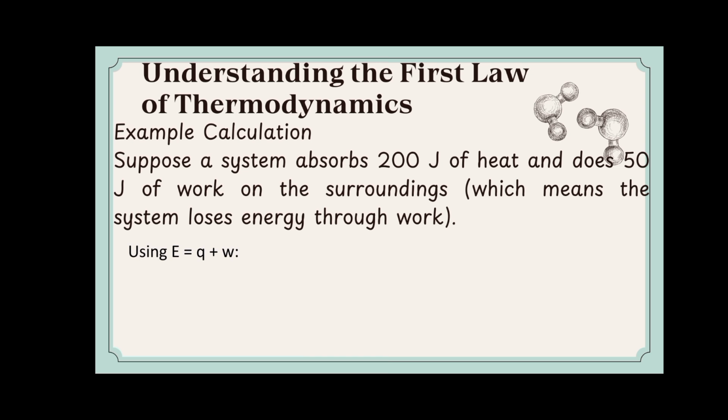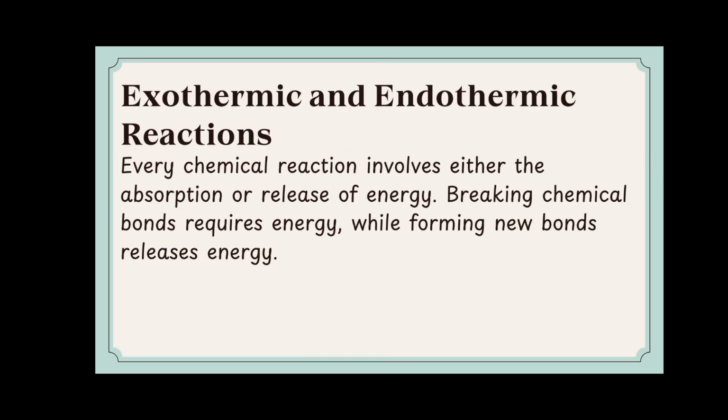Suppose the system absorbs 200 joules of heat and does 50 joules of work on the surroundings, which means the system loses energy through work. Using the formula, energy equals heat plus work. Energy equals 200 joules plus negative 50 joules, which equals, let's write, 150 joules.